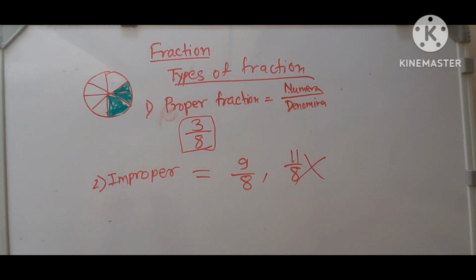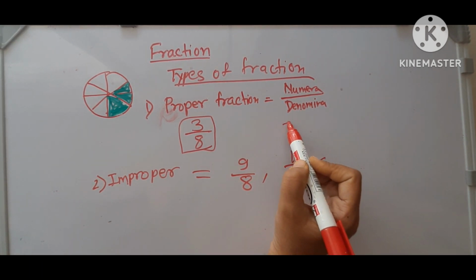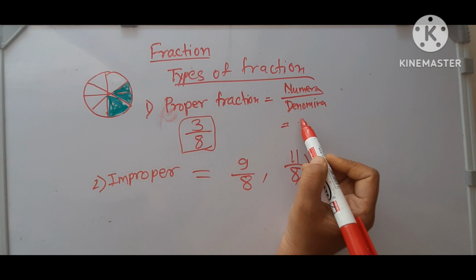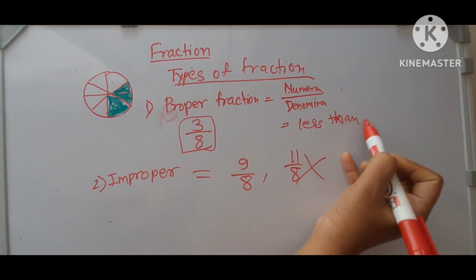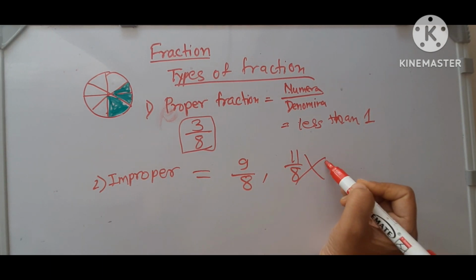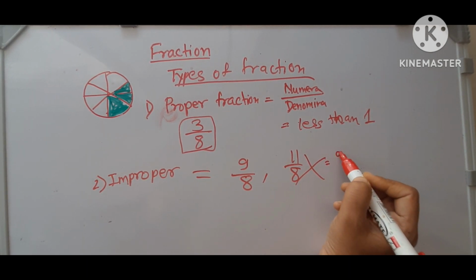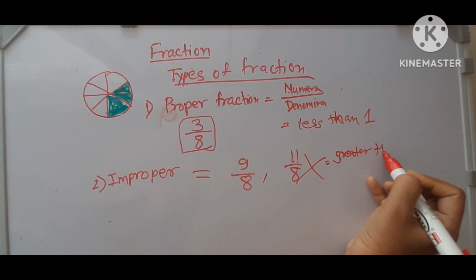Proper fraction: numerator is smaller than denominator. Improper fraction: numerator is greater than denominator. The value of a proper fraction is always less than 1, but the value of an improper fraction is always greater than 1.